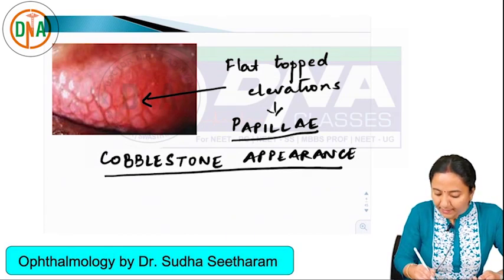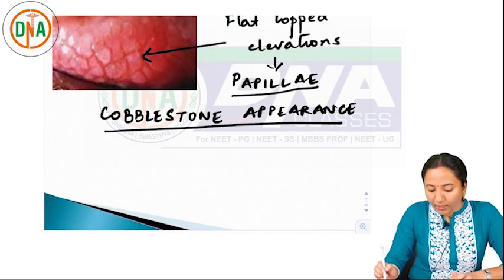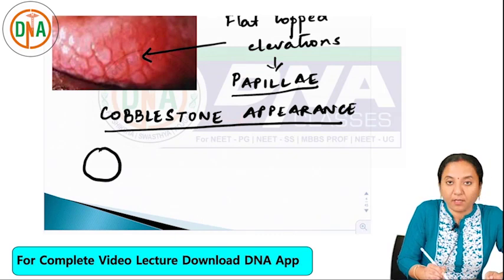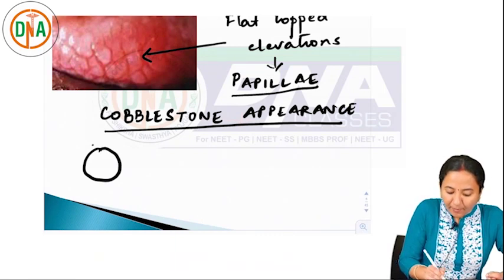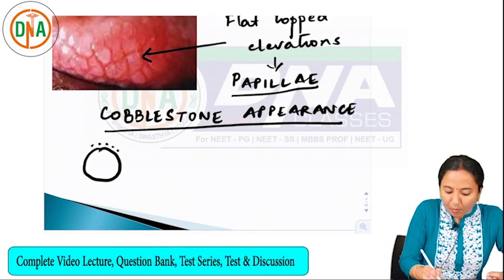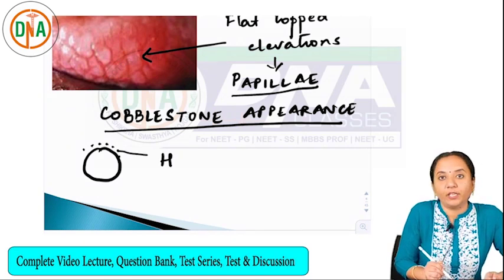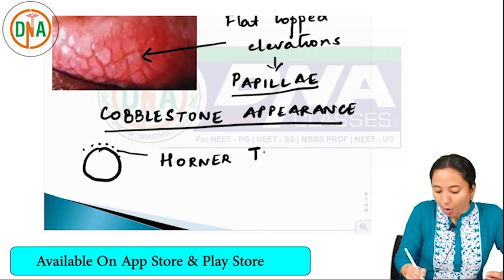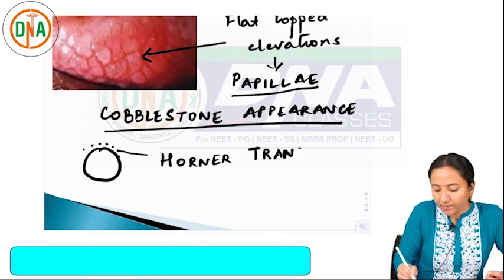Now, what else do we see? On the bulbar conjunctiva, close to the upper limbus, if this is the cornea, we can see small elevations or nodular lesions. These small nodular lesions close to the upper limbus are known as Horner-Trantas spots.